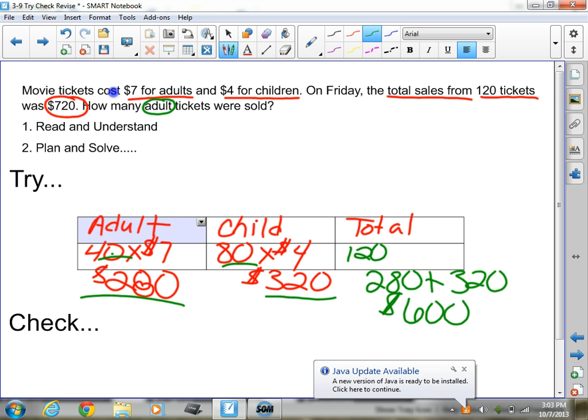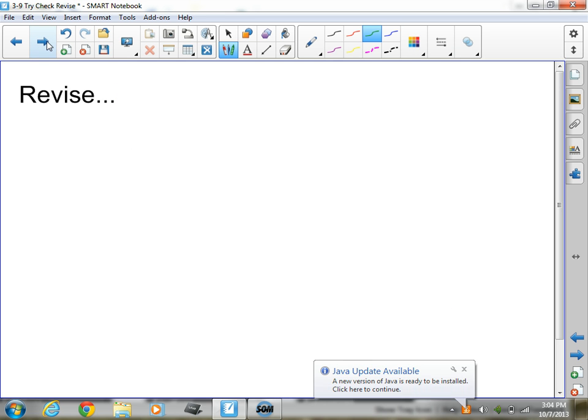Now let's compare that. So if we sold 40 adult tickets and 80 child tickets, we would have made $600. Now the question is asking for $720. So we know that that's kind of far off. We want to get to $720. So we need to revise our work here.